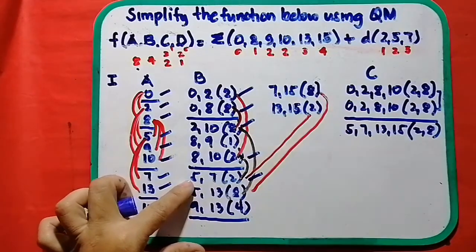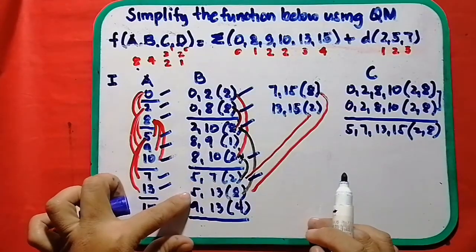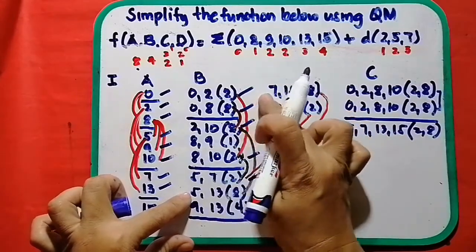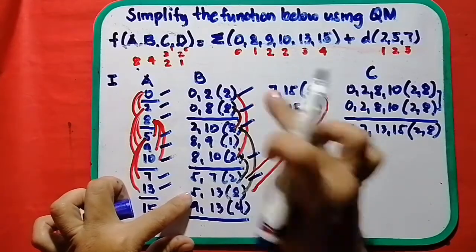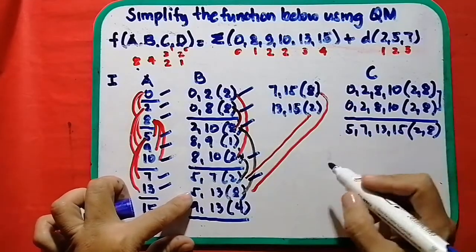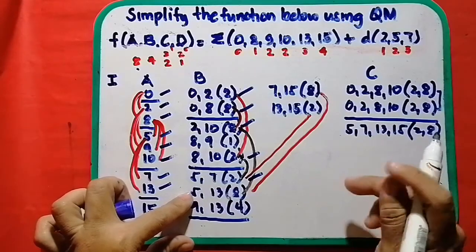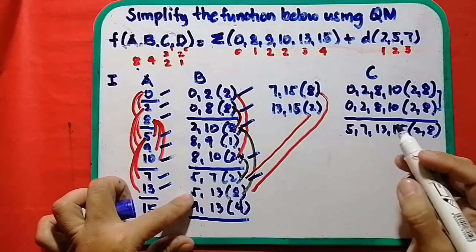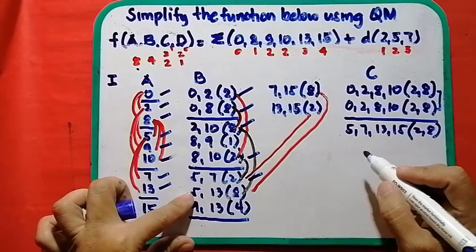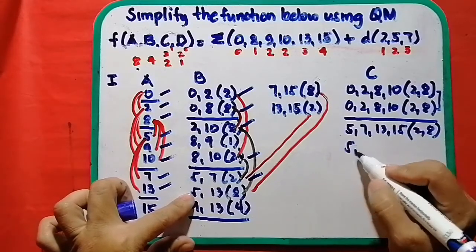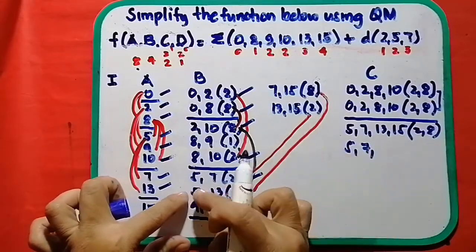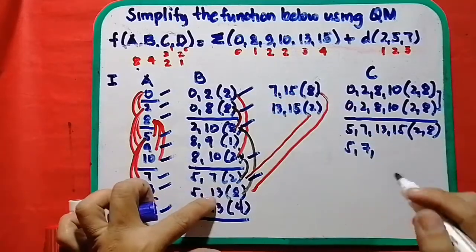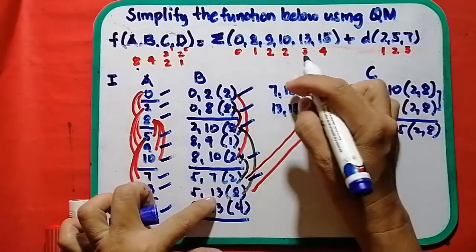Okay, the next is 8 here. So 5 minus 7 is 2. Okay, so that's 2, which is in powers of 2. So therefore, that will be written as 5, 7, 13, and 15.